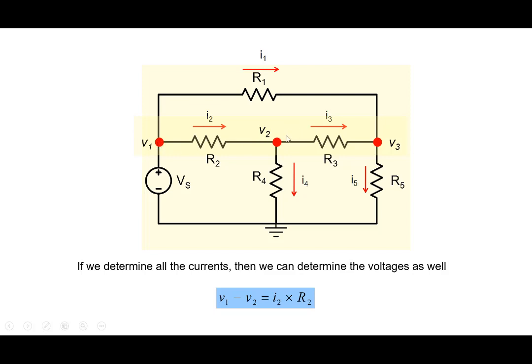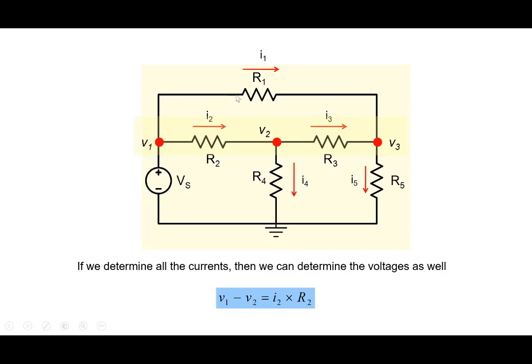Well, we know V1 minus V2 is I2 into R2. So now to determine V1, we have to know V2. And so V2 we can write as V2 minus 0 volt equal to I4 into R4. Since we already know I4, we know R4, so we'll determine V2. And then we plug it here, and then we'll know V1 here.